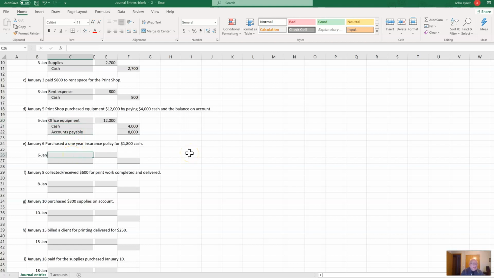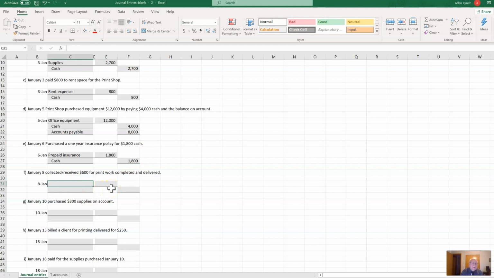On January 6th, we purchased a one-year insurance policy for $1,800. Okay, since it's one year, it's not going to be an expense account, it's going to be a prepaid. So we will have a prepaid insurance for $1,800, and you pay that with cash, and that will be for $1,800.